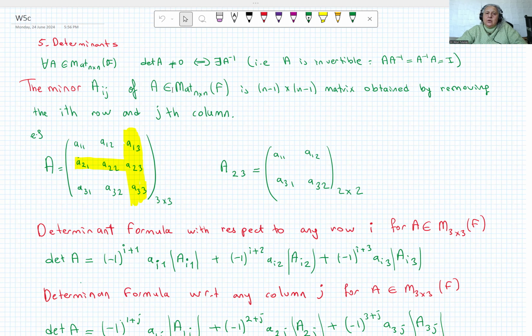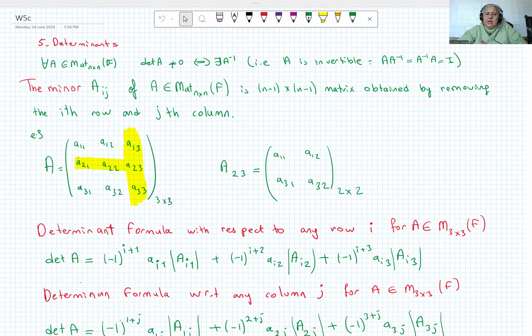Now we would like to calculate the determinant. The determinant gives you a number related to the matrix, and its calculation is a recursive formula. The determinant of a 2 by 2 matrix is basically the main diagonal product minus the other diagonal, as we know from before.